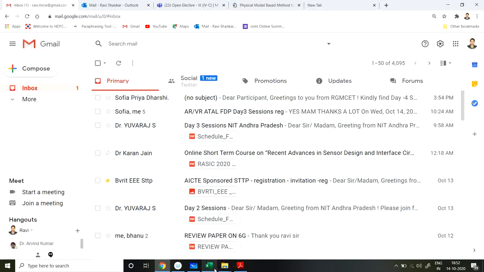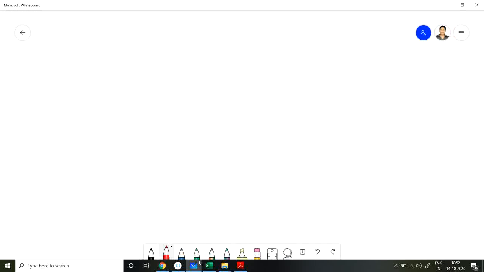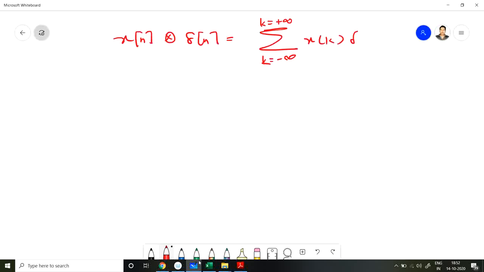So let us start the first property, that is x[n] convolution with delta[n], and it is equal to x[n]. Now according to the definition, x[n] convolution with delta[n] is equal to summation k equals minus infinity to plus infinity x[k] delta[n minus k].